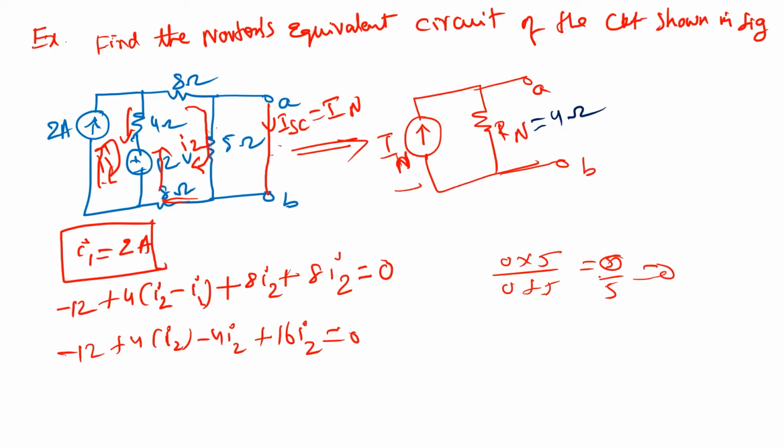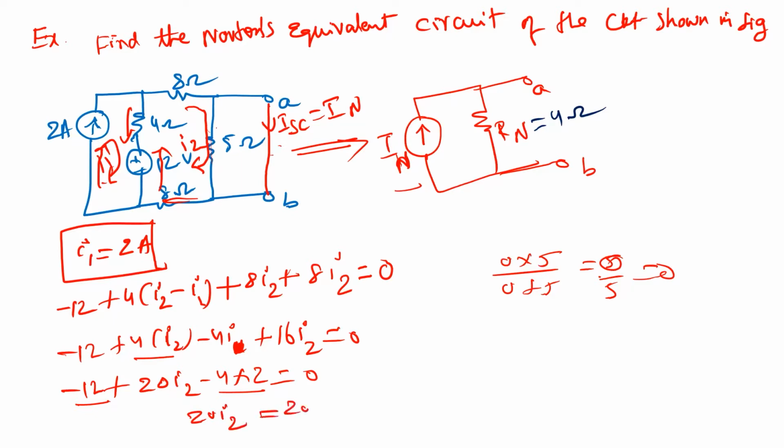Right? 4 I2, 4 I1, this one is a 4 I1. So minus 12. This is a 4 I2. This is a total 20 I2 minus 4 into I1, which you already know, that is a 2. So that is a 0. Minus 12 and minus 20. So 20 I2 is equal to this.